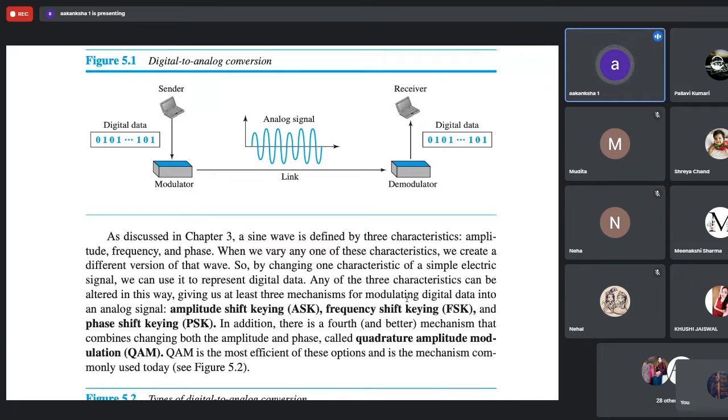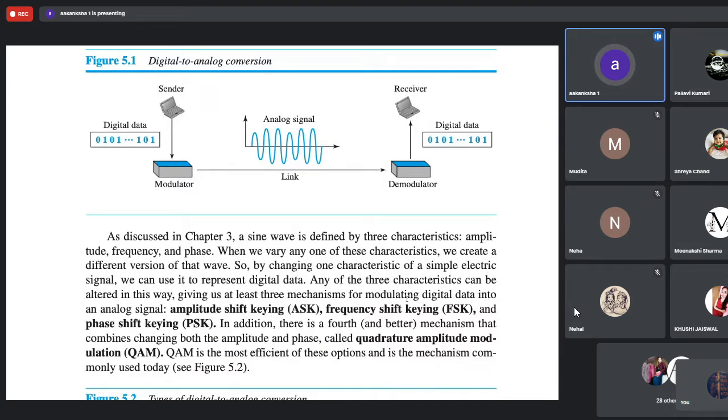So suppose we are varying the amplitude of the carrier signal for carrying the digital data, then it will be known as amplitude shift keying. Simply, if we are varying any of these characteristics, it will be known as shift keying or SK. But if we are varying the amplitude, then it will be known as amplitude shift keying.